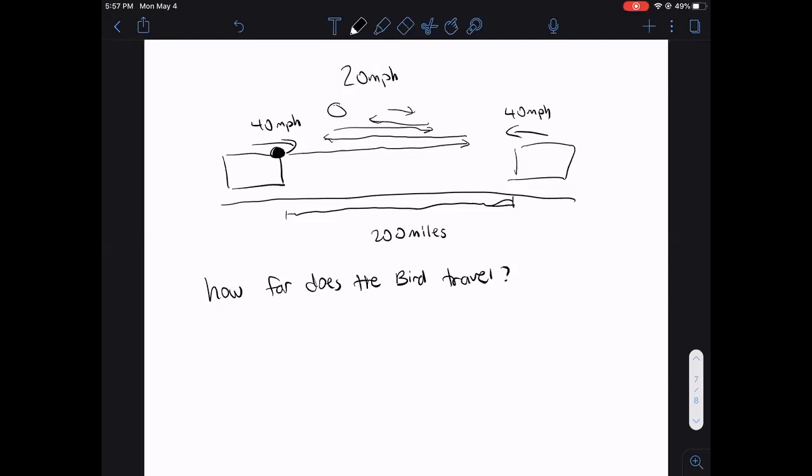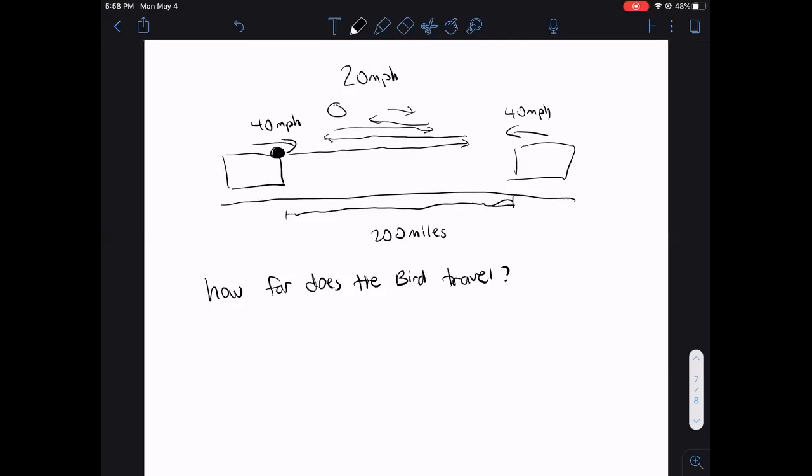Every time the bird flies to the other train, how much closer do they get? That's something you'll have to compute, or you don't actually have to compute it. Also, Andrew got it right, I think.